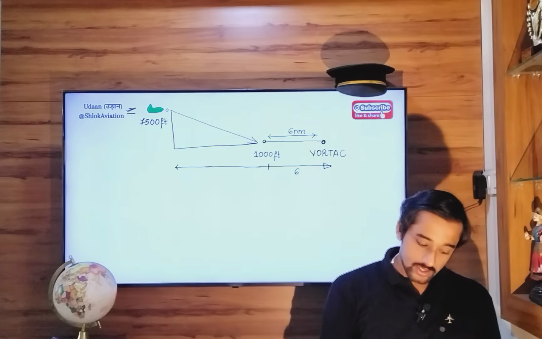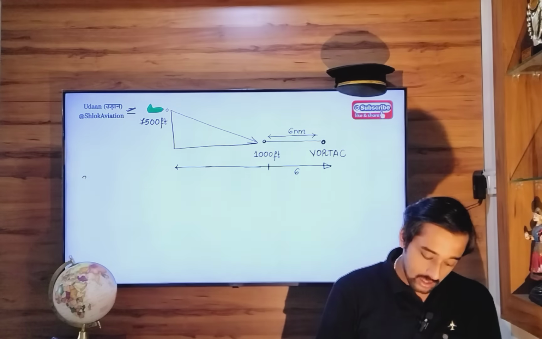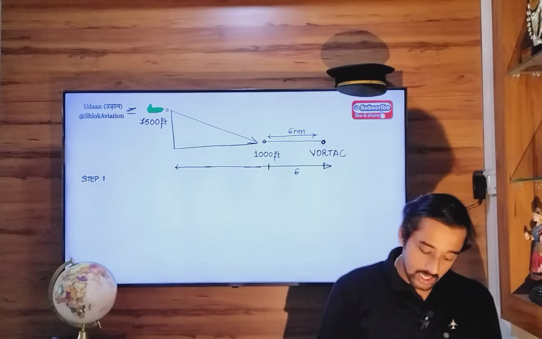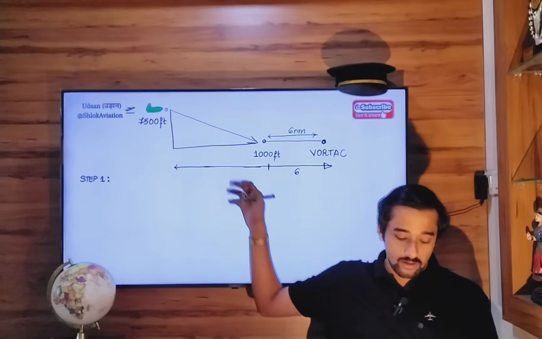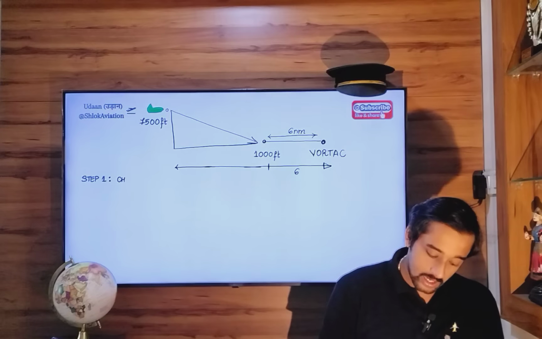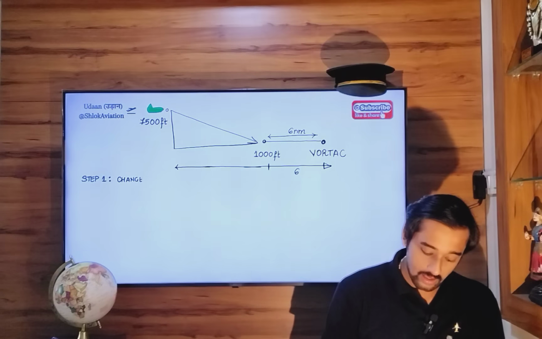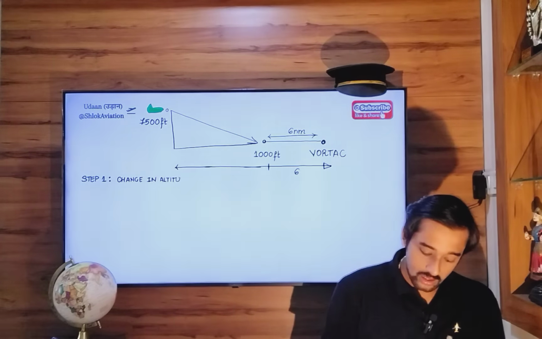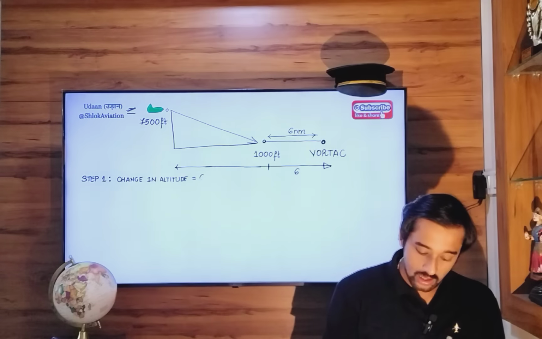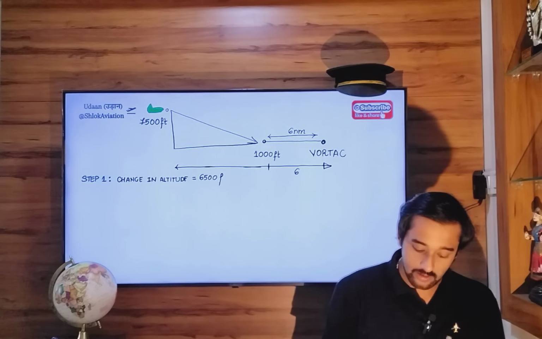So step 1, change in height. The change in height is 7,500 to 1,000 feet. So change in altitude is equal to 6,500 feet.